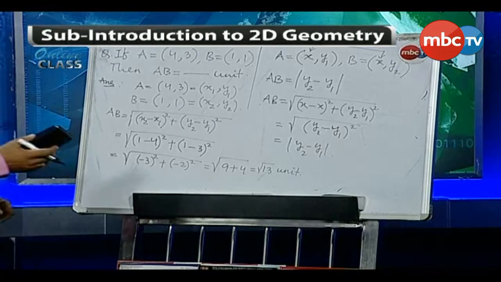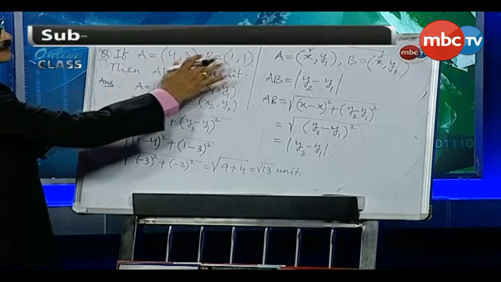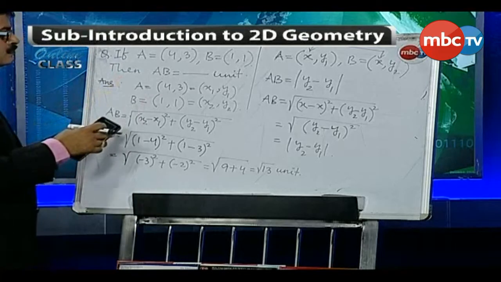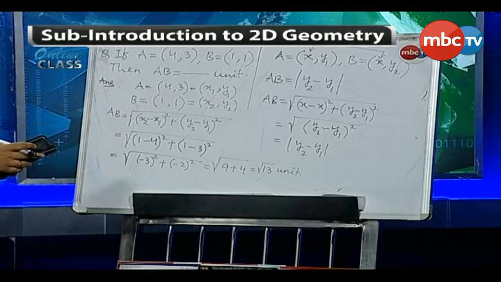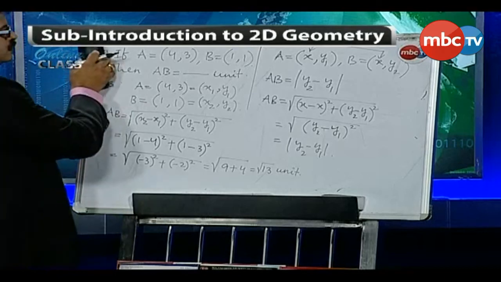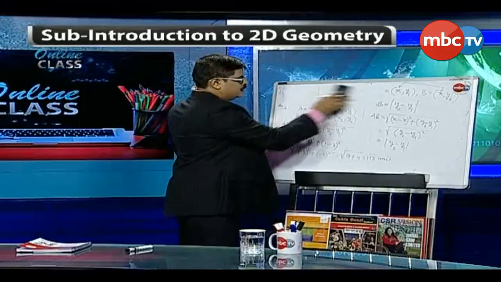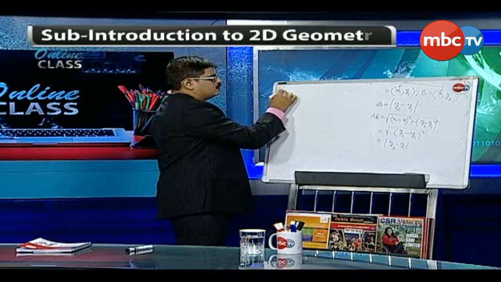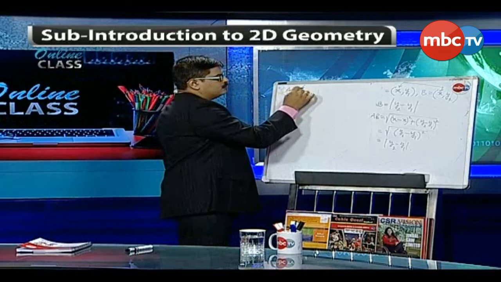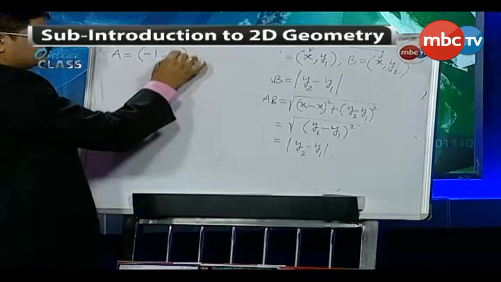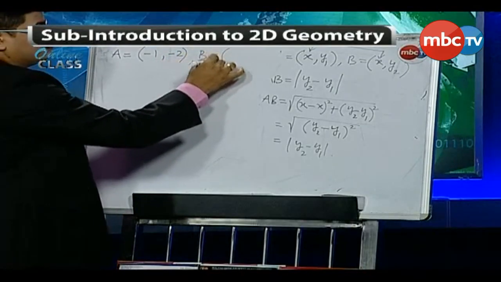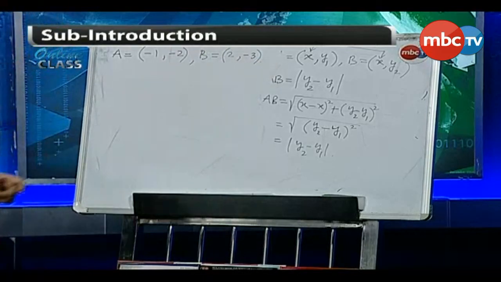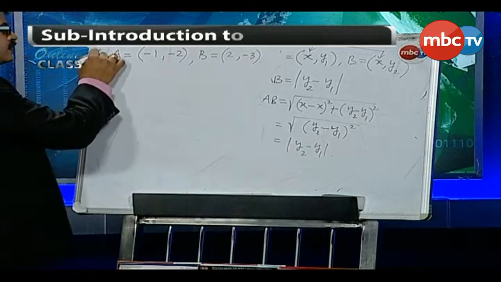Now let us do another problem. So these 2 points are in the first quadrant. Now let us change the quadrants. Now suppose we take A is equal to (minus 1, minus 2) and B is equal to (2, minus 3).